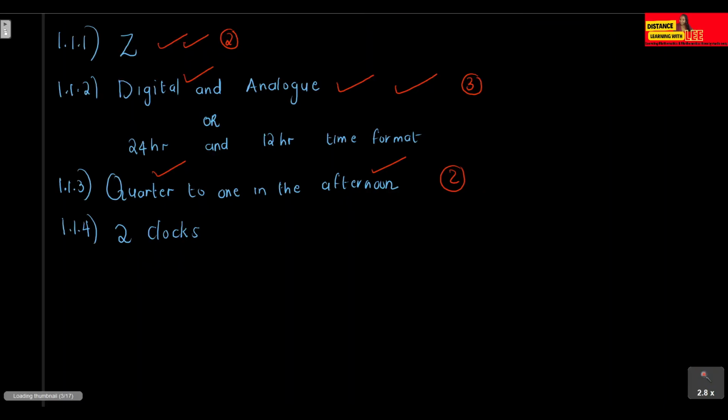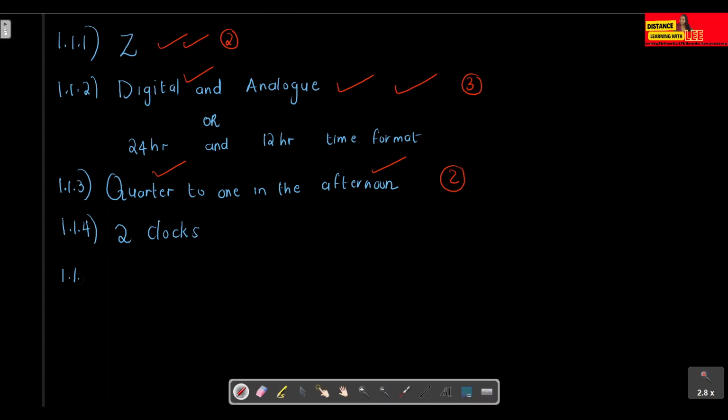So what do we already know? For question 1.1.5, we already know that 1 hour is equal to 60 minutes. This equation is going to help us convert our hours into minutes. This is our starting point.